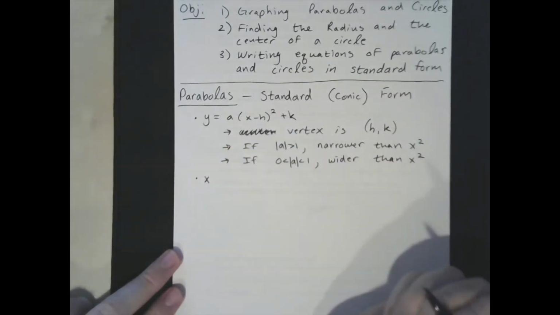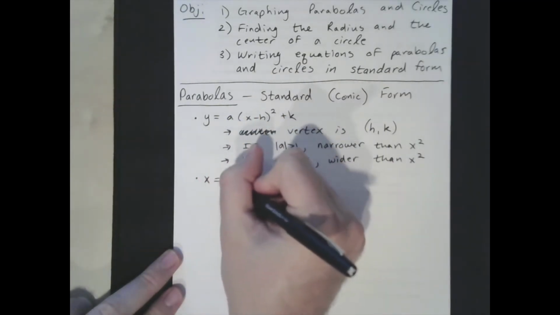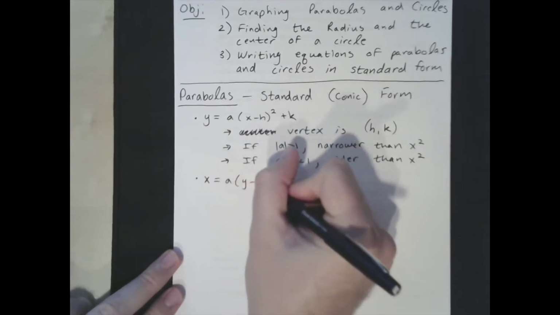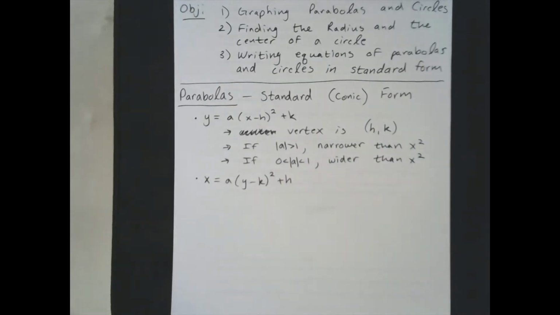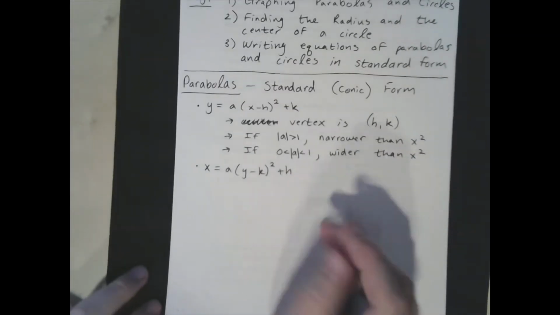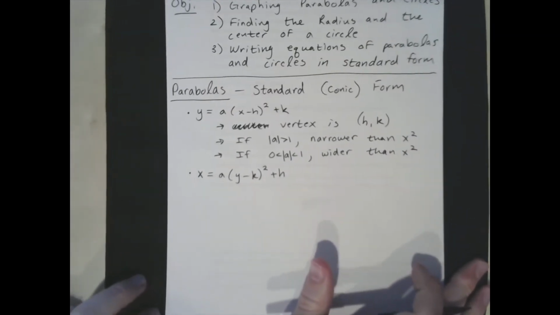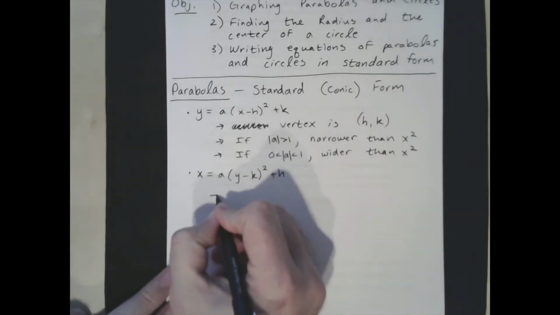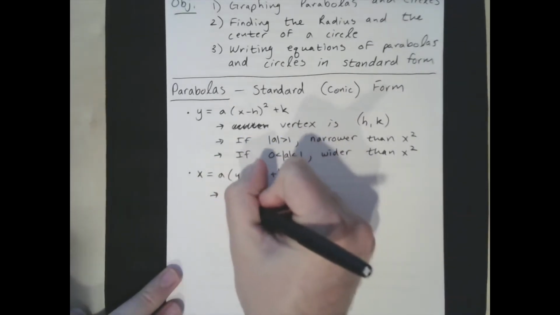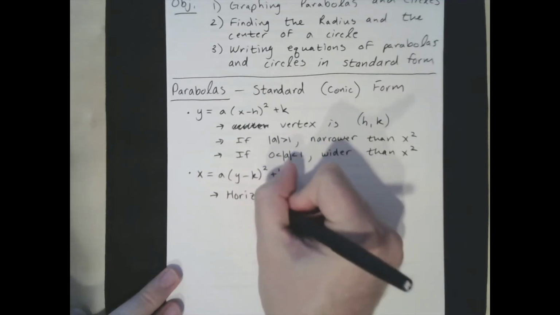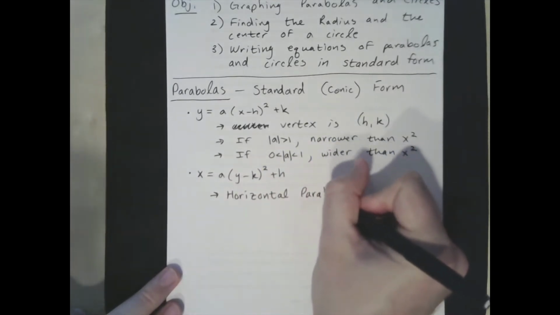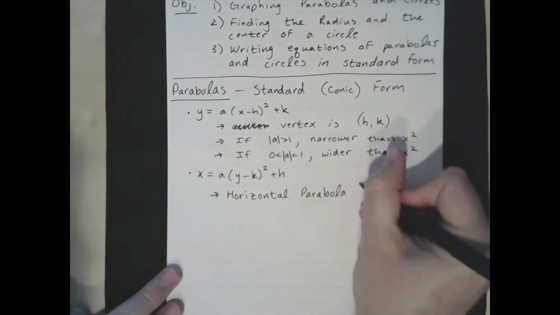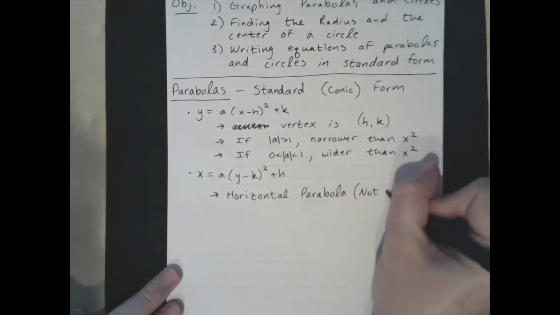is the other parabola, x equals a times y minus k squared plus h. So it looks very similar, and the nice thing is you don't have to learn what new variables are. They're all the same thing, but this is a horizontal parabola. And this is not a function.